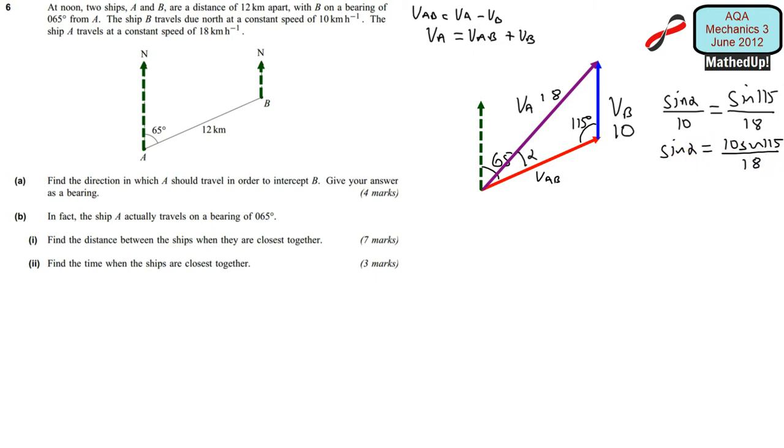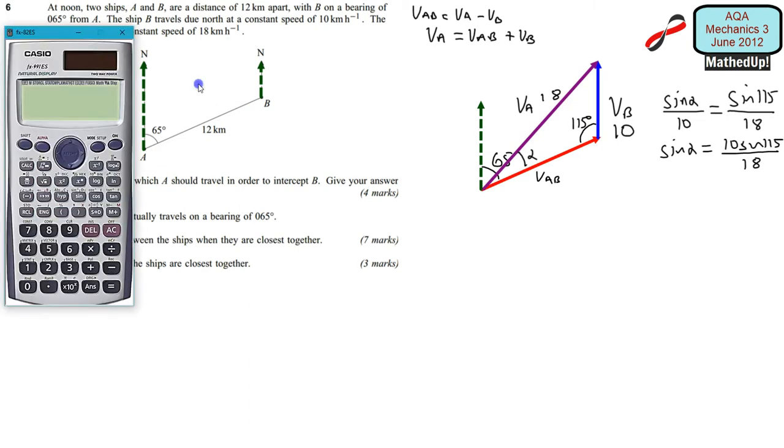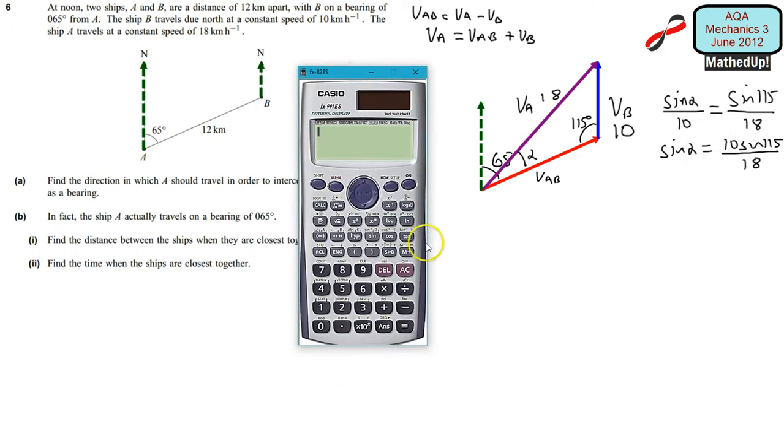Using my calculator, I work out 10 sine 115 over 18, which is what sine alpha is equal to. So alpha is equal to 30.2 degrees.